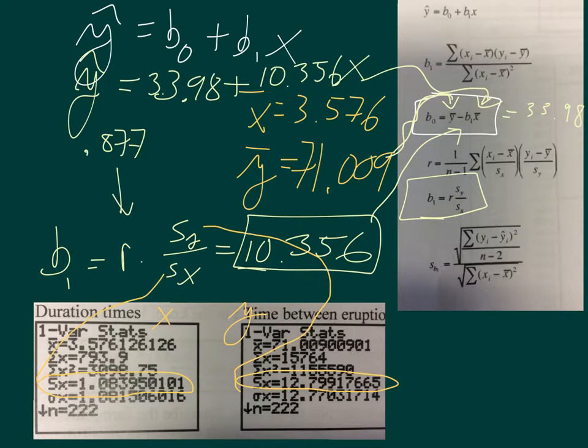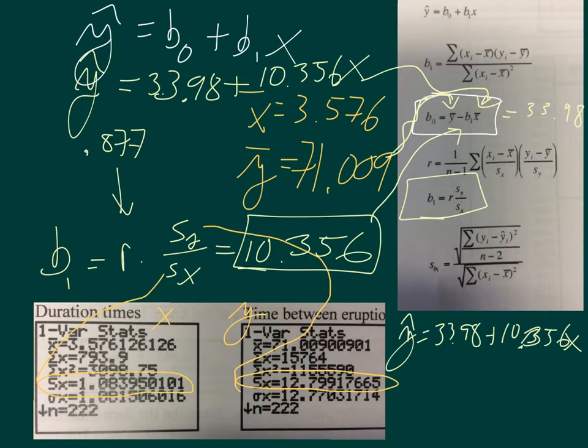There's my least squares regression line. Y hat equals 33.98 plus 10.356x. So that's how I'd find the least squares regression line from this type of computer output. In this case, it's a calculator output.